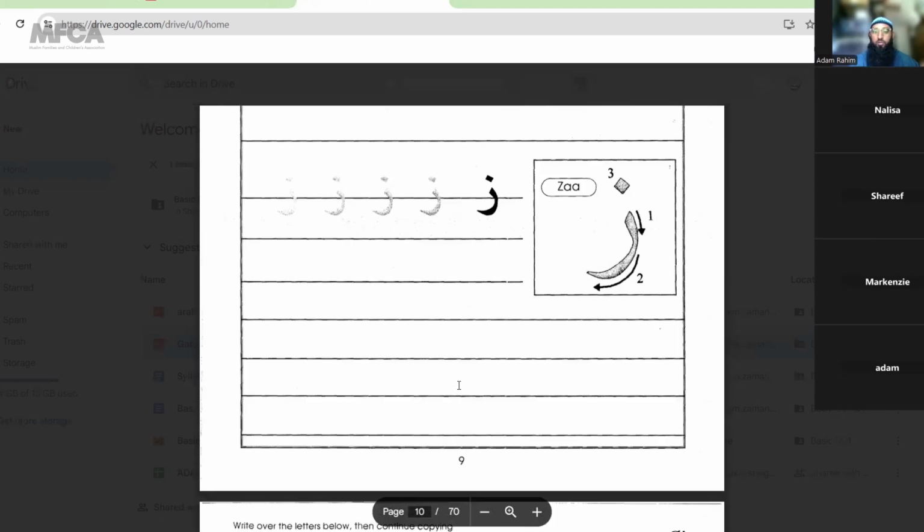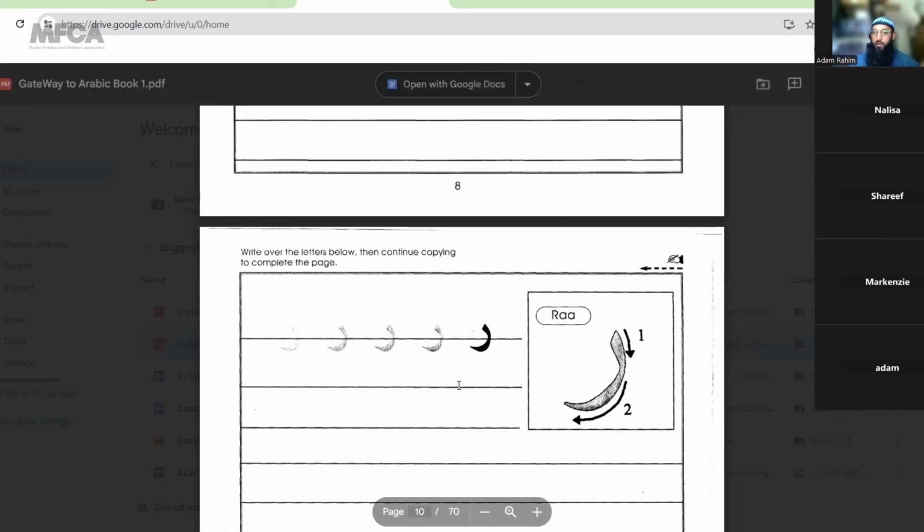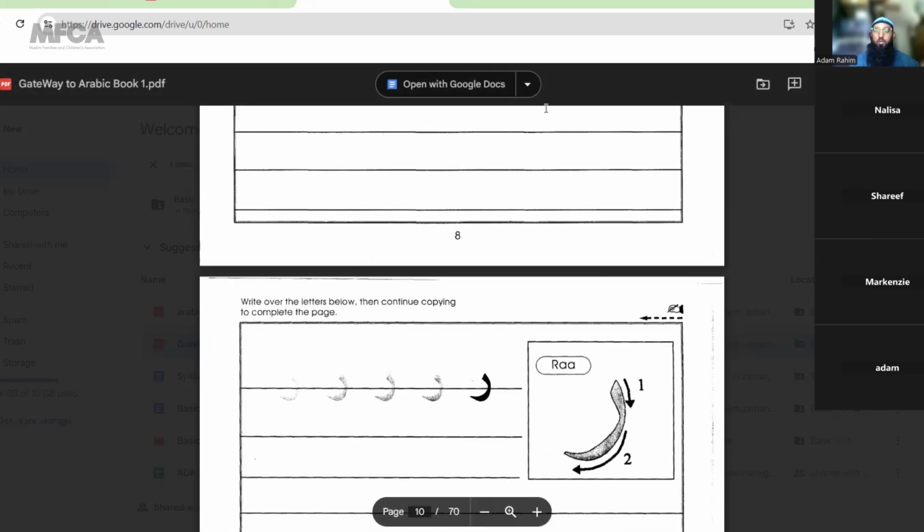Now we have these two letters here. They also look similar. Take them one by one. So we have the letter ra. This is going to have a specific pronunciation. Students typically sometimes pronounce it as an a sound, or they tend to pronounce it as the letter R in English.